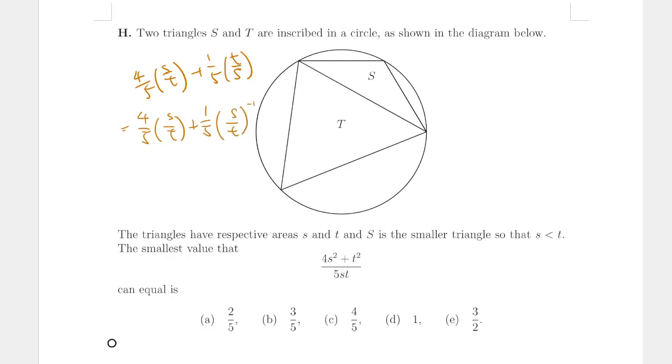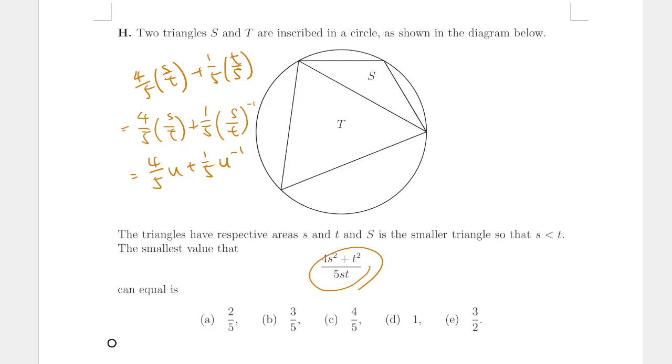This simply comes from the simplification of this fraction here. Good. And then they made a substitution, which is very clever. So this function is now (4/5)u plus (1/5)u to the minus 1. So now we can just differentiate and then find the minimum value, right?